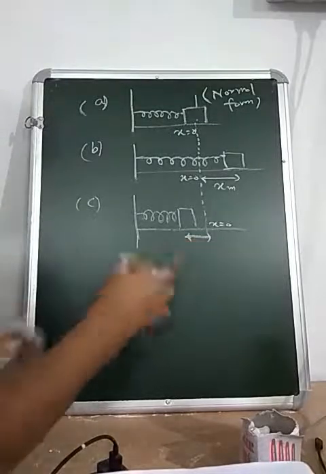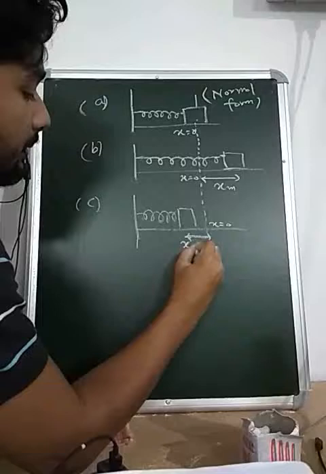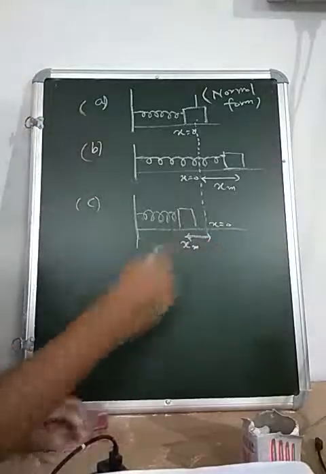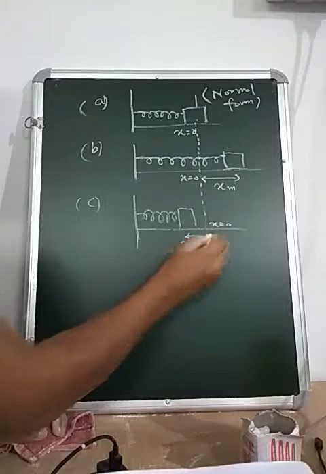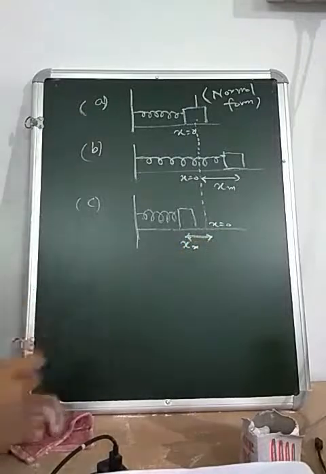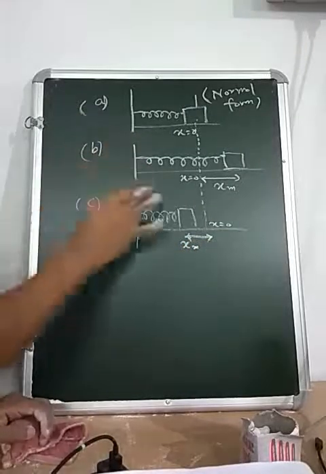What is the compression of the spring in case C? xm is the compression amount. So these are the three cases.